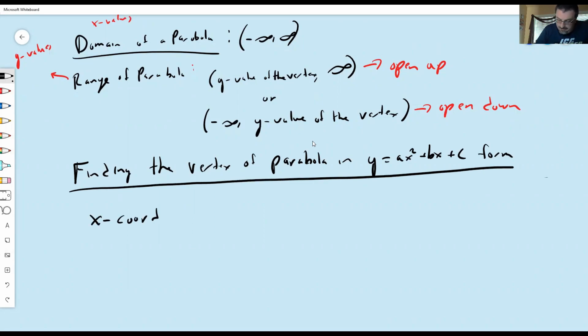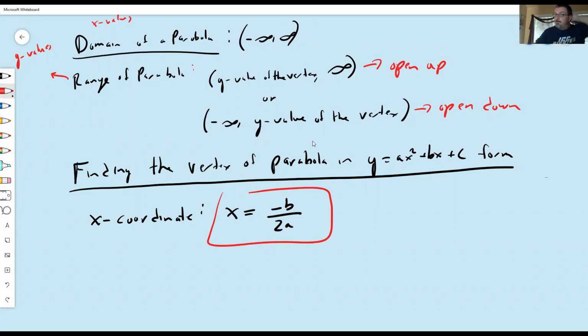It uses a formula. If you're interested, I'll go through where the formula comes from. I'm not going to do it in this video. The x coordinate of the vertex is given by x equals minus b over 2a. There it is. That's all we need.